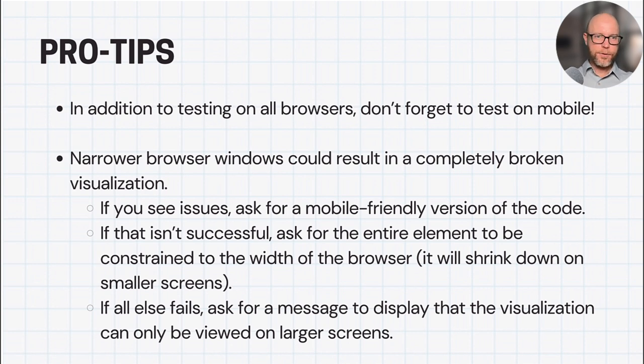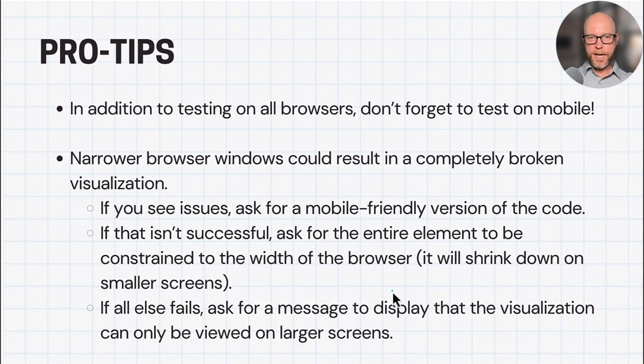And if it's not, if you've tried to iterate on it and you just can't figure it out, there are a couple options you have. You can just tell the AI to make your code so that it just shrinks the whole thing down proportionally, so it's always the width of the browser window. And that may be problematic if it makes everything super, super small and then you can't actually click on anything because you can't even read the text.